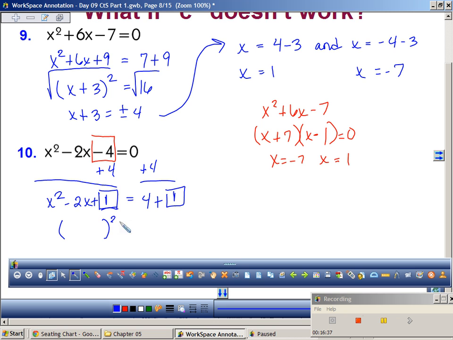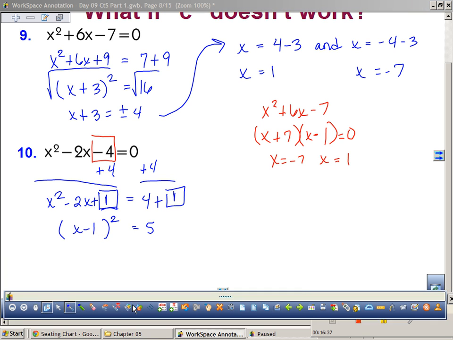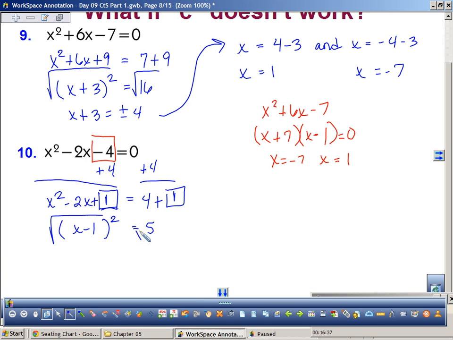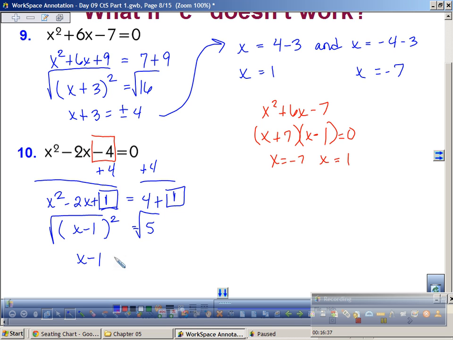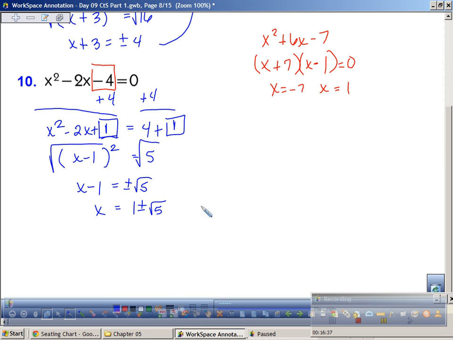So now it's my perfect square. (x minus 1) squared equals 5. This is what you guys got. x minus 1 equals plus or minus root 5. So my two roots are 1 plus root 5 and 1 minus root 5. Questions on this one?